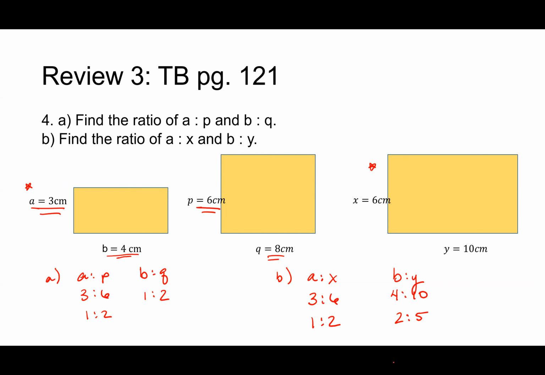So that's not proportional. What else? It's the first one and the second one. Great job. And you know that because A to P is in the ratio of 1 to 2 and B to Q is 1 to 2. So those rectangles are proportionate. Any questions on that one? Doing okay with proportion? All right, awesome.